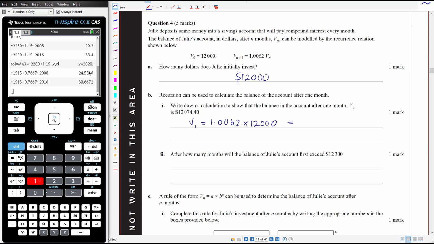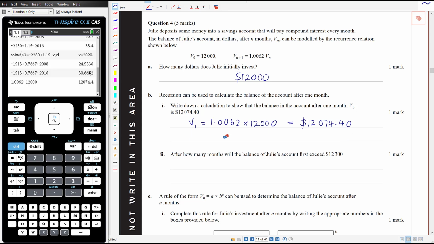Let's just check that it actually gives the value so that we know that we've written down the right calculation. It is indeed $12,074.40. Just checking the rounding there. Yep. Okay, so it's 1 mark. It's not for the value, you were given the value in the question. The 1 mark is for writing down a calculation.